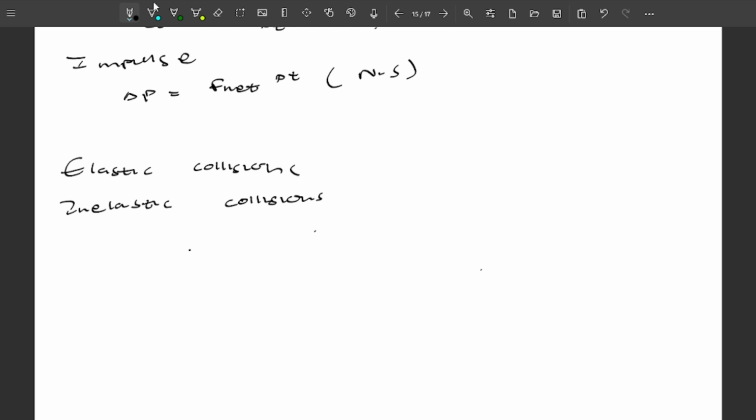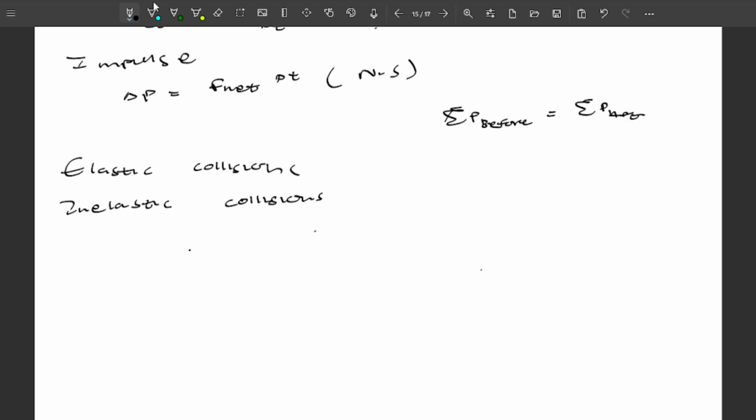Now, elastic collisions are the type of collisions whereby the energy is conserved and no energy is lost. And then the inelastic collision is the type in which the energy is lost. Here's what I mean. Using the principle of conservation of linear momentum, I know that the sum of momentums before equals the sum of momentum after.